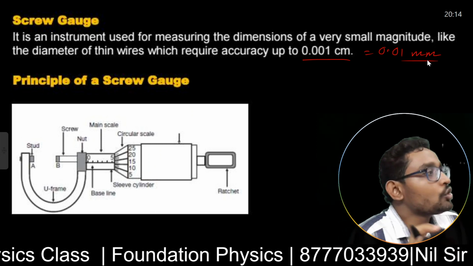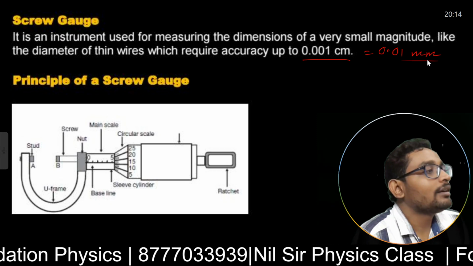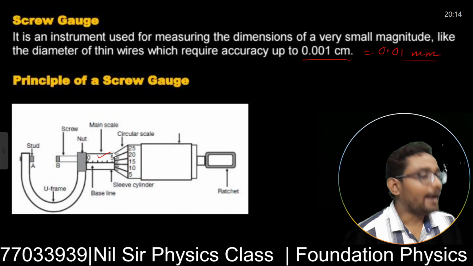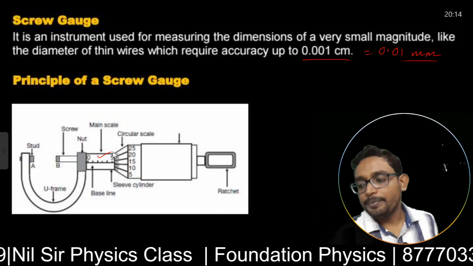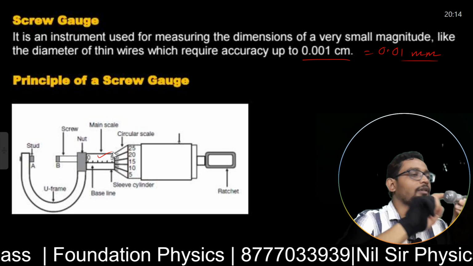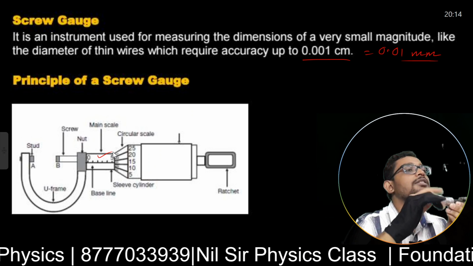So in screw gauge, one is main scale or linear scale, another is circular scale. So this is called main scale and another is circular scale. The scale which is circularly marked in this rotating frame is called circular scale.